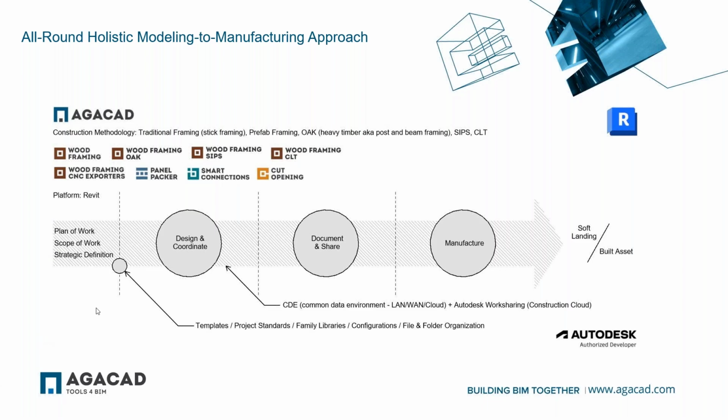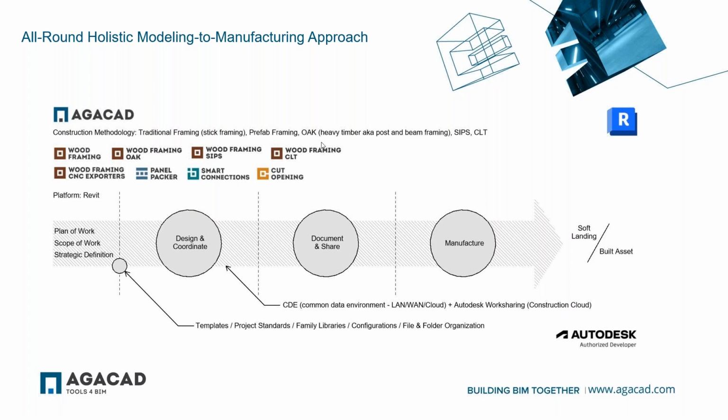So there are some critical areas over here, but what aga-cad has to offer is really solutions pretty much in every step of the way. And regardless of the construction methodology your company is working with, so this could be traditional framing or stick framing, could be prefabricated framing components or modules.